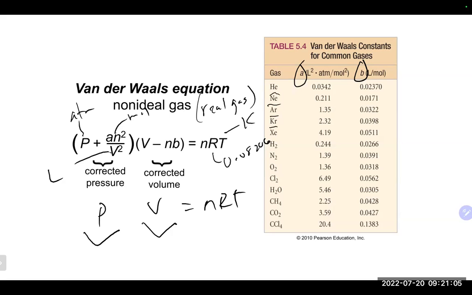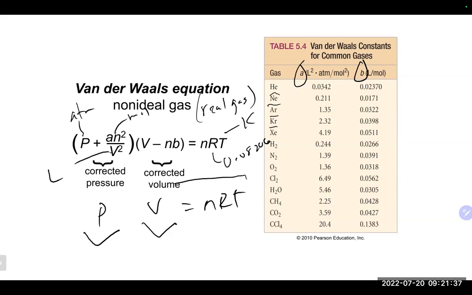Why do we use the ideal gas law, PV equals nRT, versus the real gas law, or van der Waals equation? As I mentioned before, most of the time, like on that graph we saw, we're dealing with somewhere around 1 atmosphere. Even for slightly higher or slightly lower pressures, most gases will still behave ideally or pretty close to it.